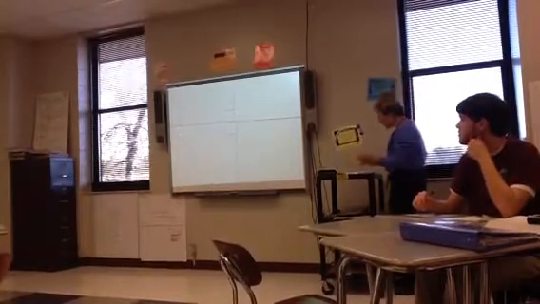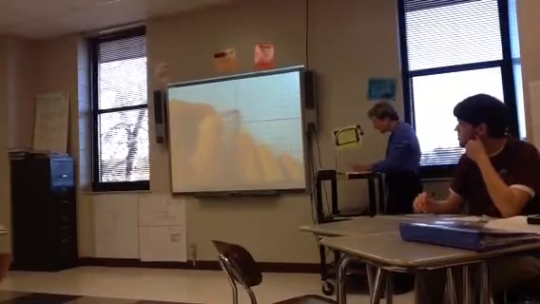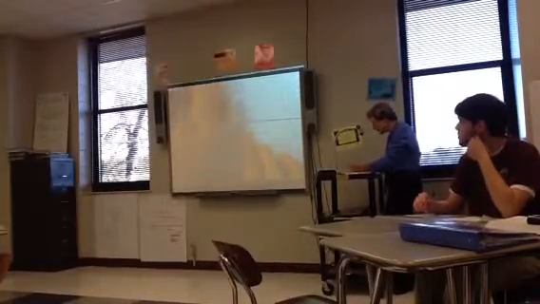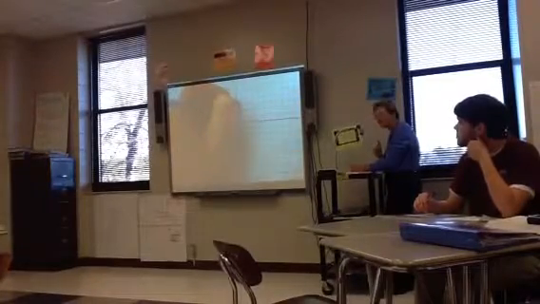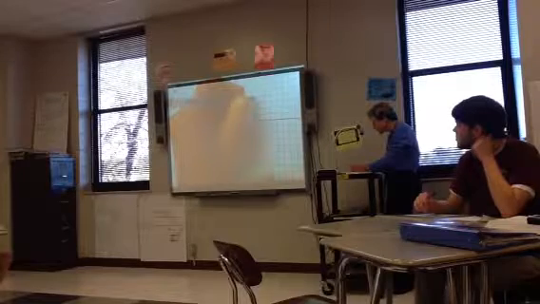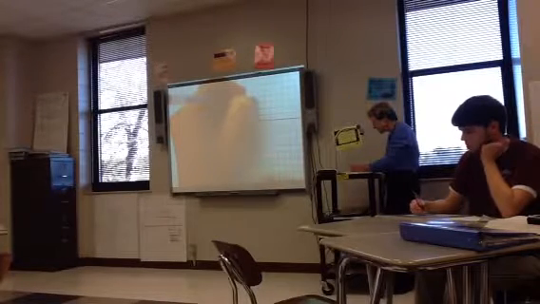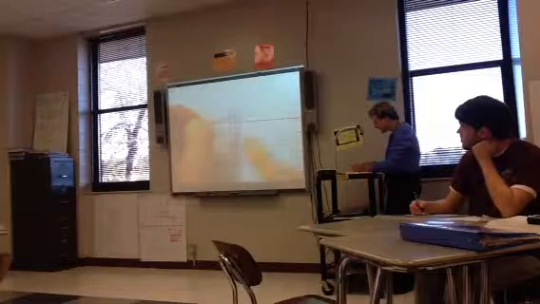Alright, so that means we got to rise from this point 1, 2, 3, 0.5, and then we're going to run. This is a positive, so we're going to run 1, 2, 3, right? Alright, let's look at it again.